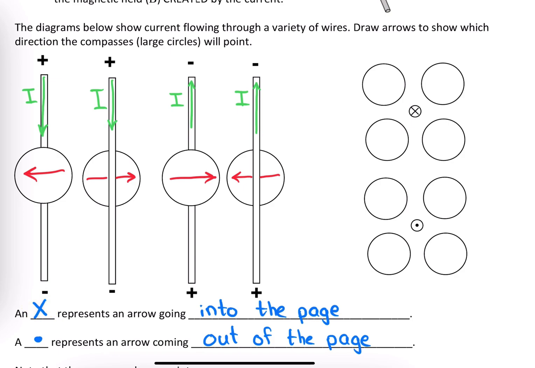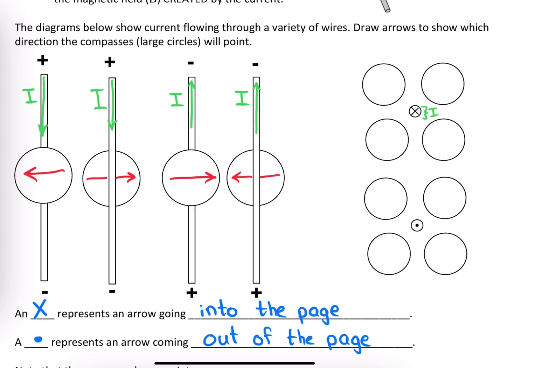So that shows what's happening in these next 2 examples over here. Here, we have a circular wire, and it's got current in it, but that current is going into the page. So, this X represents our I, our current, and it's going into the page. I'm going to take my right hand and put my thumb in the direction of the current.